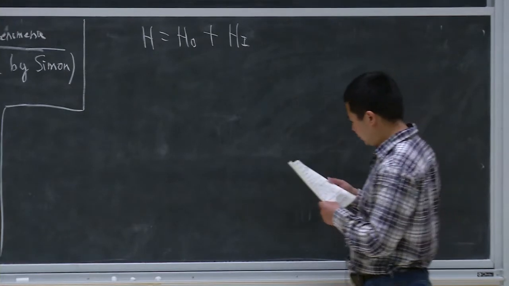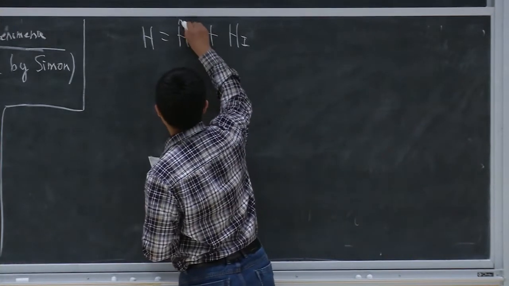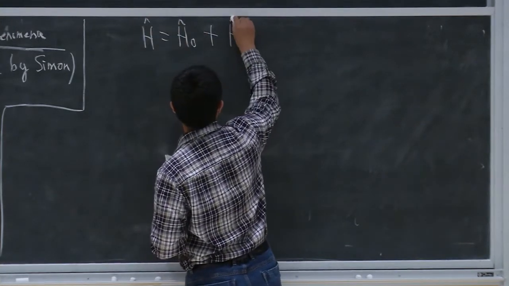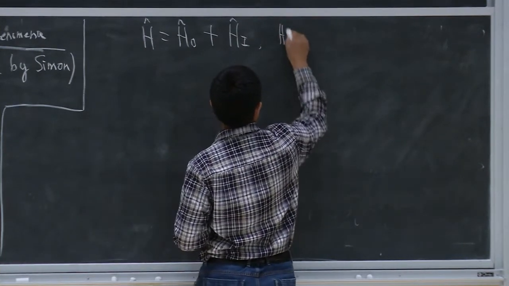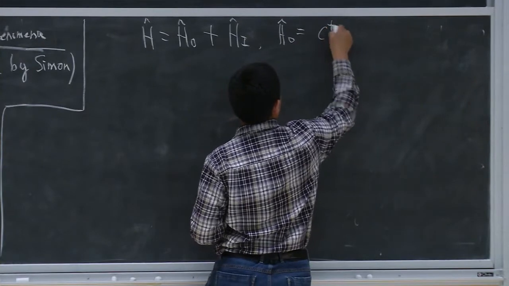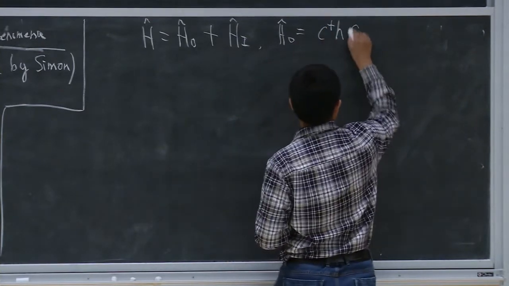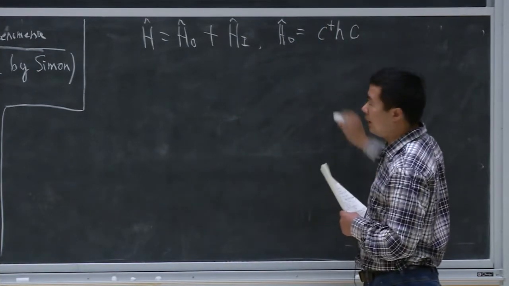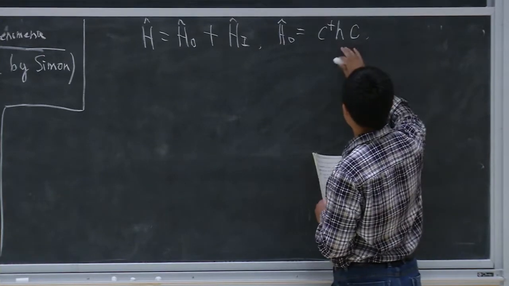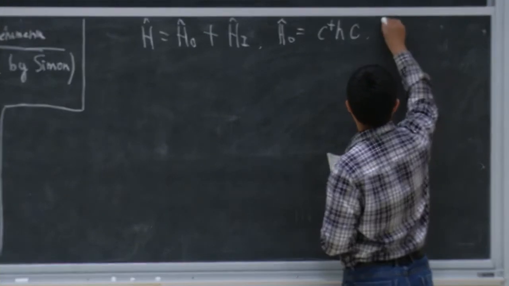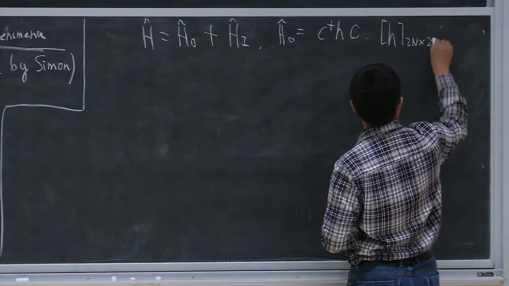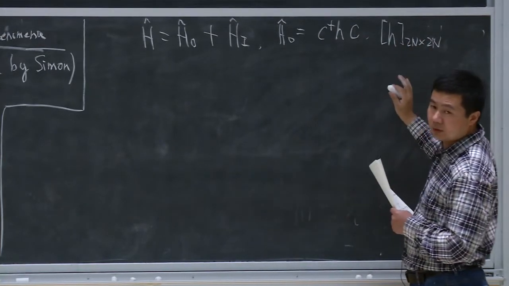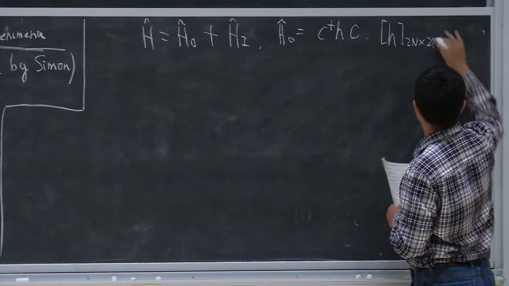This H naught is the non-interacting part, which is some fermion bilinear. And here H is, for spin-1/2 electrons, a 2N by 2N matrix. N is the number of sites.